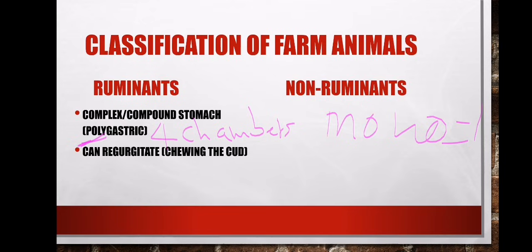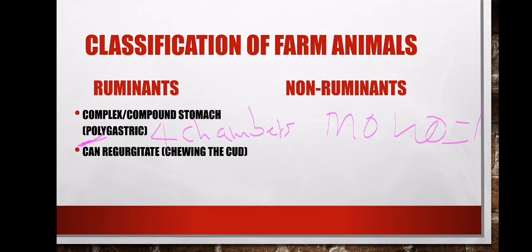When we look at the second difference, we say a ruminant animal can regurgitate, whereby it is chewing the cud. If we say a ruminant animal can regurgitate, we will go deeper with this statement. This is the process whereby the animal is able to bring food back into the mouth for proper chewing, which we call chewing the cud.